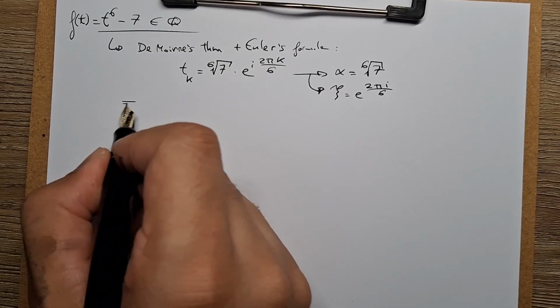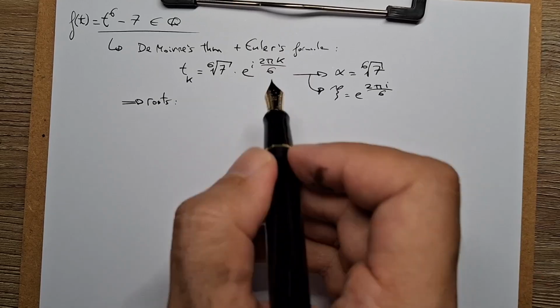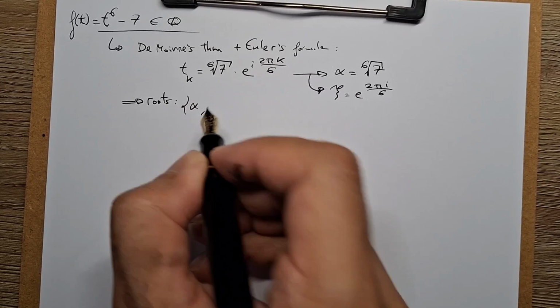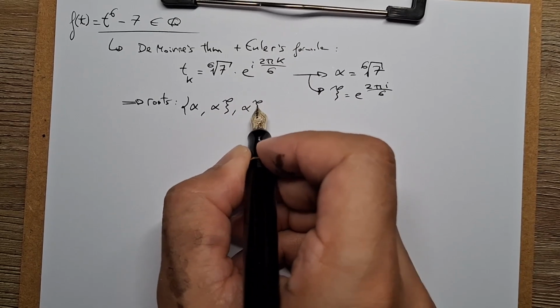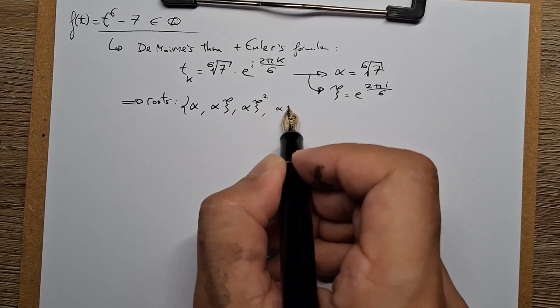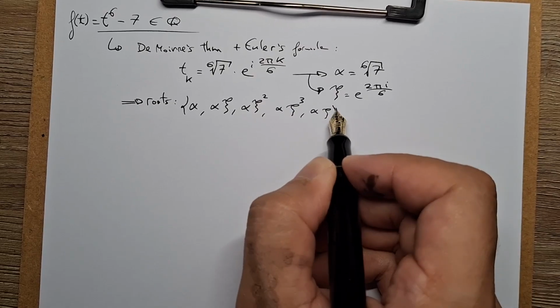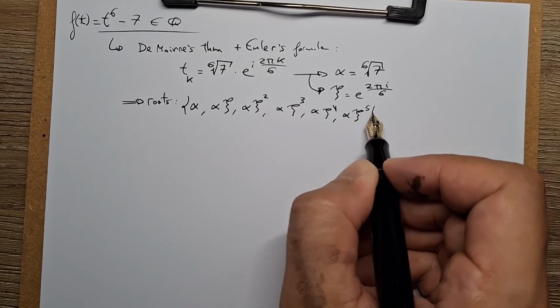So then our roots are a combination of alpha and theta, which is alpha, then alpha multiplied by theta, alpha multiplied by theta to the power of 2, alpha multiplied by theta to the power of 3, alpha theta to the 4th, and finally alpha theta to the 5th.